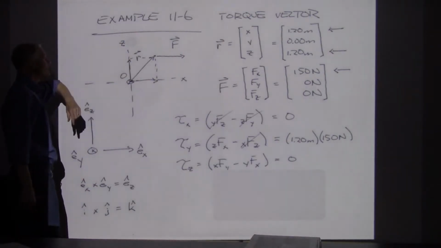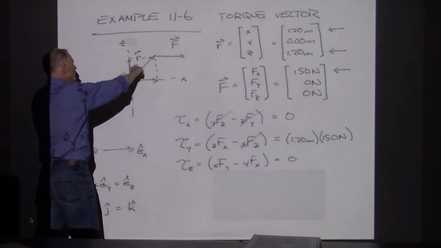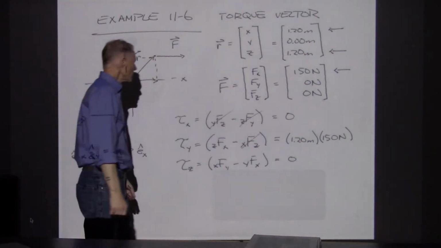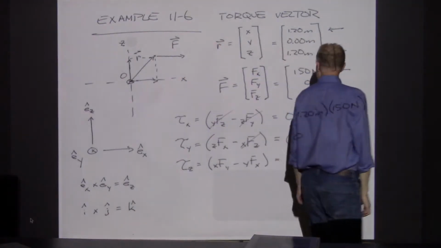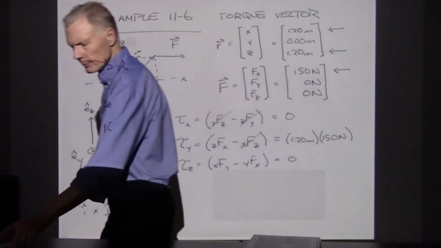This looks like a positive torque because it's going to tend to rotate the system this direction around the y-axis. So we were able to look at the diagram and predict where the torque would be, and it seems to match up with what we calculated when we did the cross product.